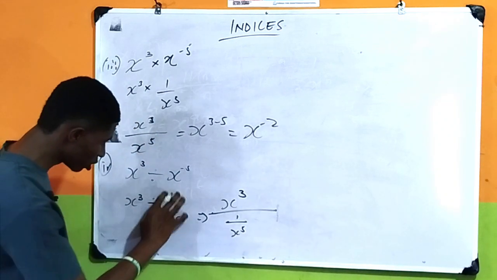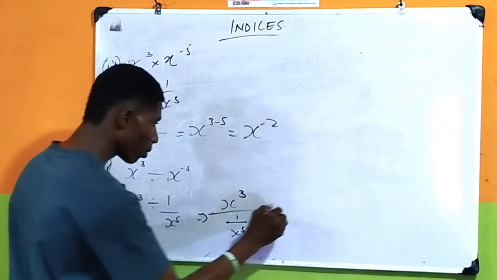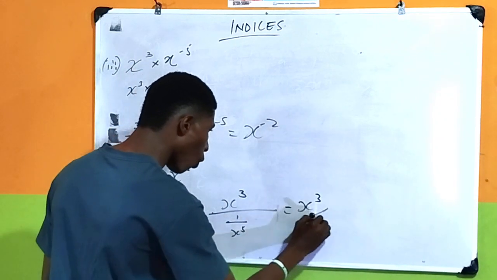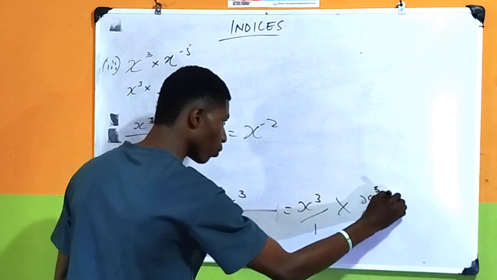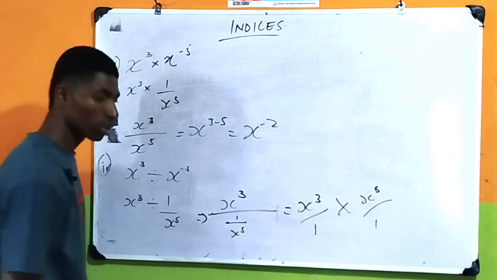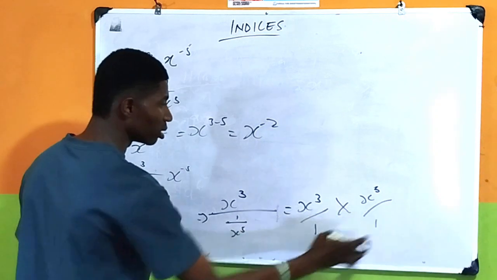X cubed divided by all this expression is the same as this. Now we have x cubed over 1 times x^5 over 1. We now reciprocate 1 over x^5. We have this.